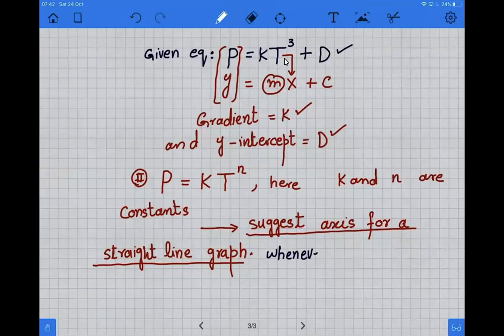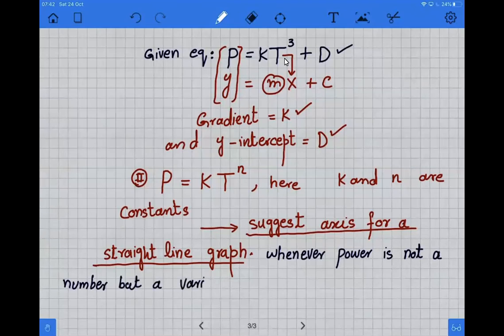Whenever the power is not a number but a variable, then either take log or natural log.